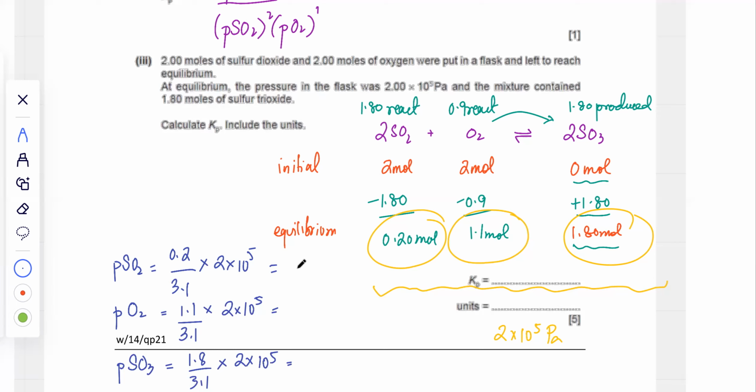12903 for the first one. And 70967 for the second. How much? 70,967. Okay, it's 967.